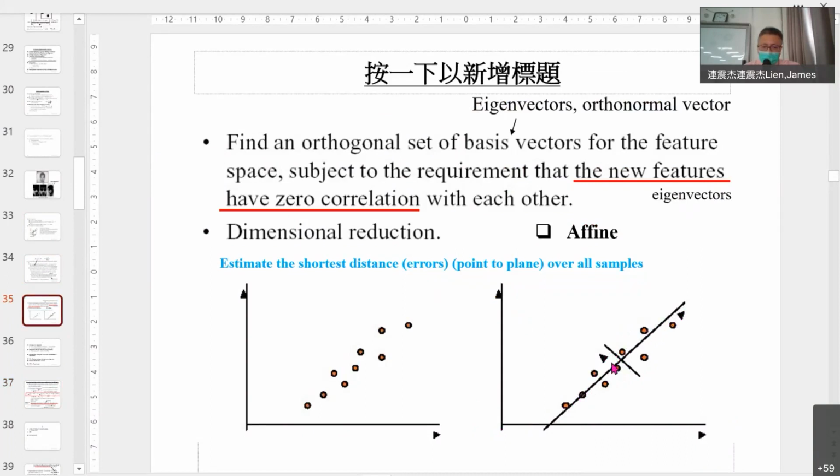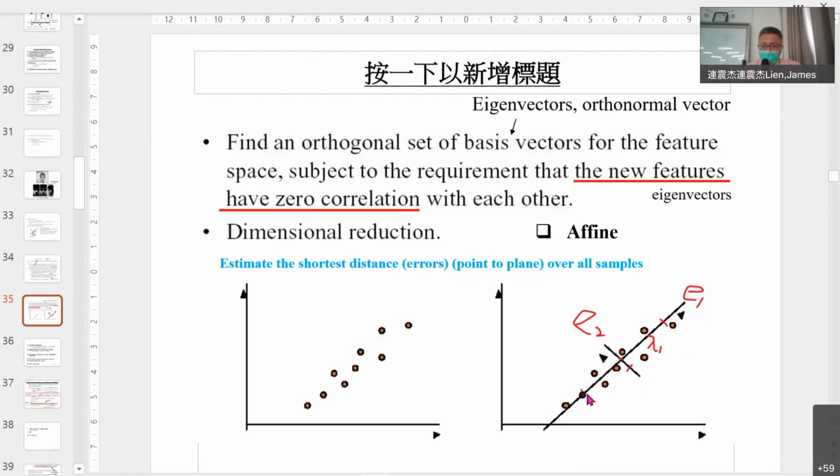And for the eigenvalue, the maximum eigenvalue 1 corresponds to eigenvector 1. The largest eigenvalue means the distribution extends along this axis, which is eigenvector 1, and this is eigenvector 2, with eigenvalue 2.